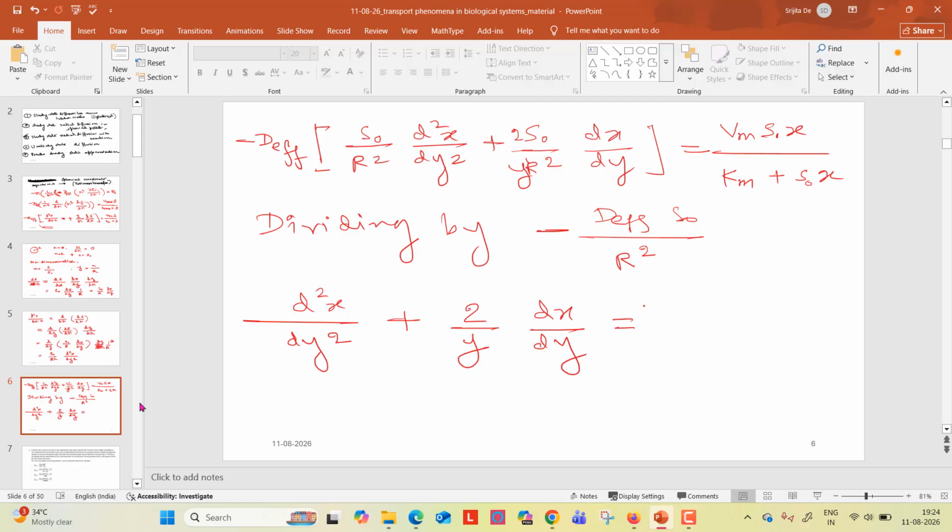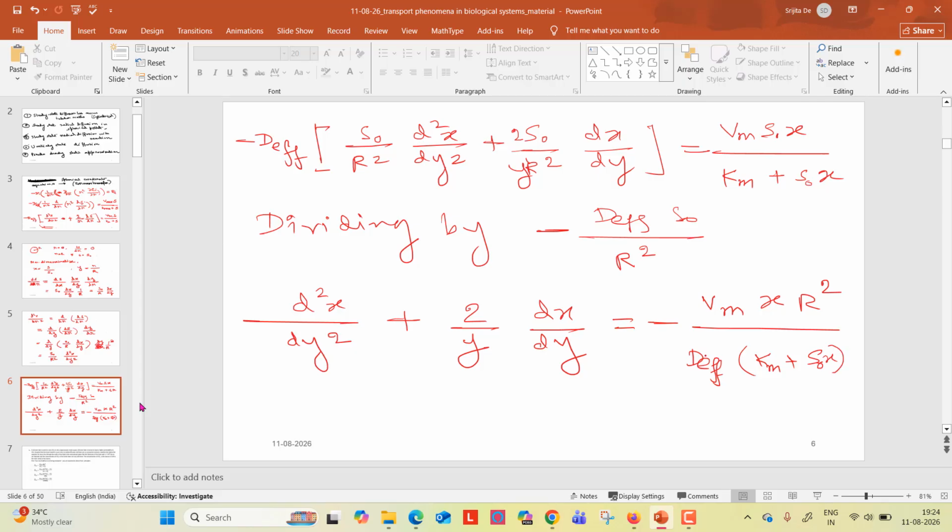equals to minus Vm. S0 will not be there, so it will be x, and r squared, because we are dividing. This term is not present here, so we have to multiply, divided by Df, and take it here into Km plus s0 x.